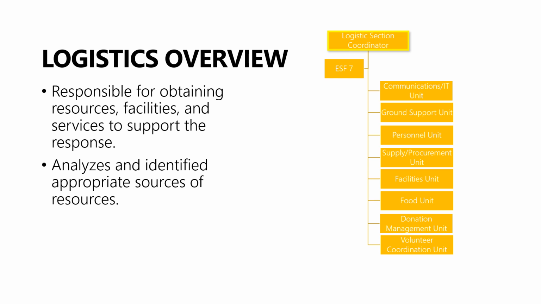The logistics section primarily is responsible for ensuring the acquisition, transportation, and mobilization of resources that support the response efforts at the disaster sites, public shelters, EOC, etc. This section provides all the necessary personnel, supplies, and equipment procurement support.